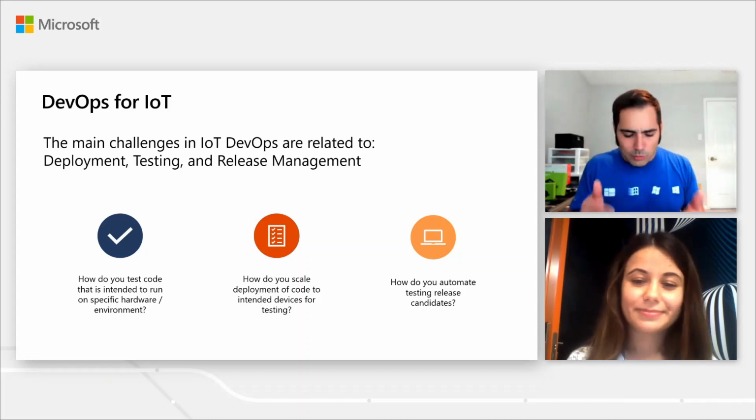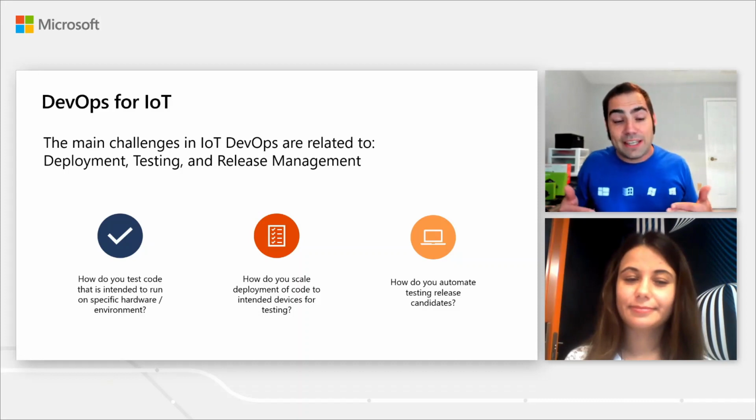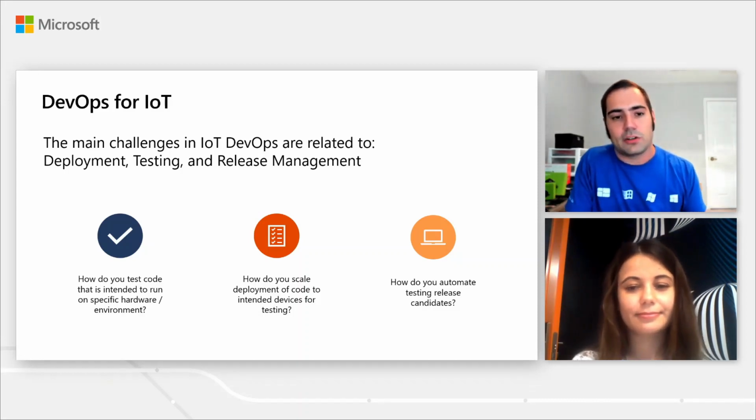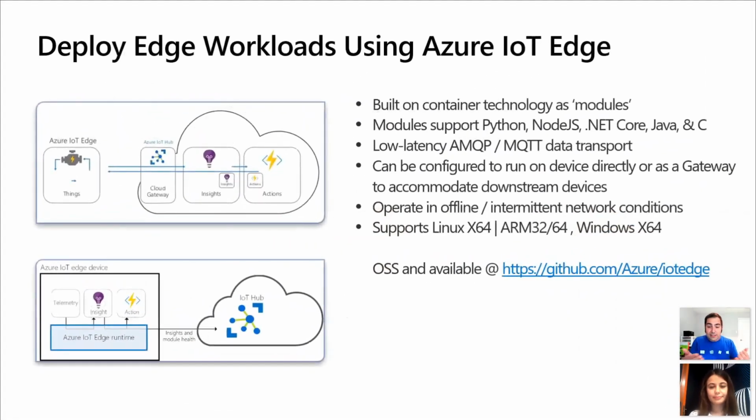Absolutely. And what I like here, we're going to demystify those challenges and hopefully show you how you can do things like that using a generic pipeline that we're going to create in just a few moments. Now, we've talked about this, it's kind of in the title of the session. It's very important that we are utilizing something called Azure IoT Edge. And for folks out there that don't know what this is, it is essentially a container orchestration runtime that allows you to pull down workloads that you would run on an edge device in the form of containers, and we refer to these as modules.